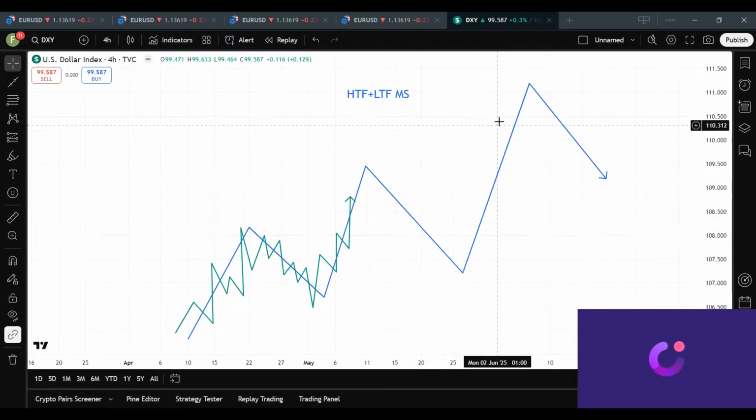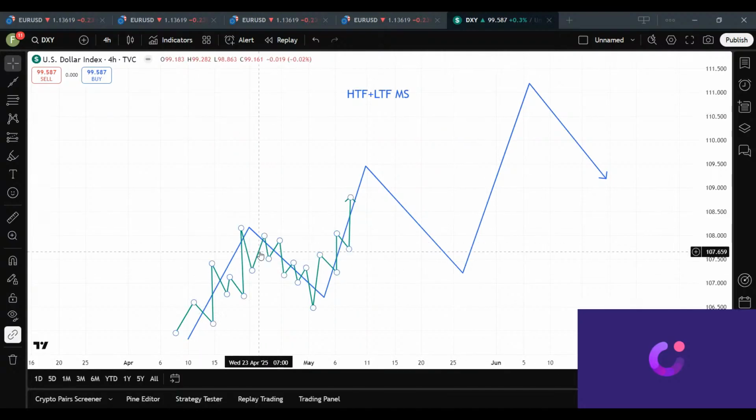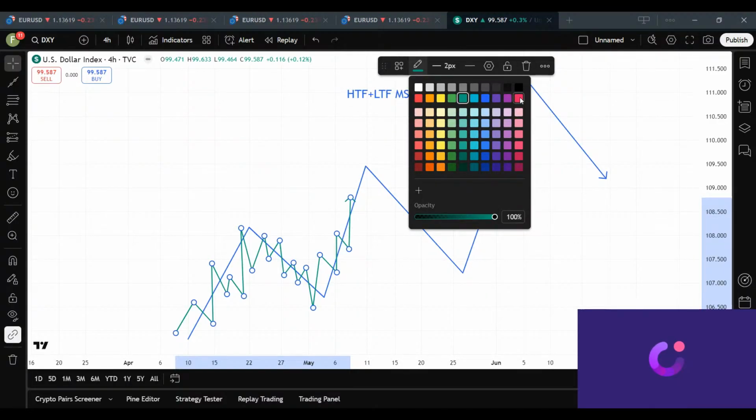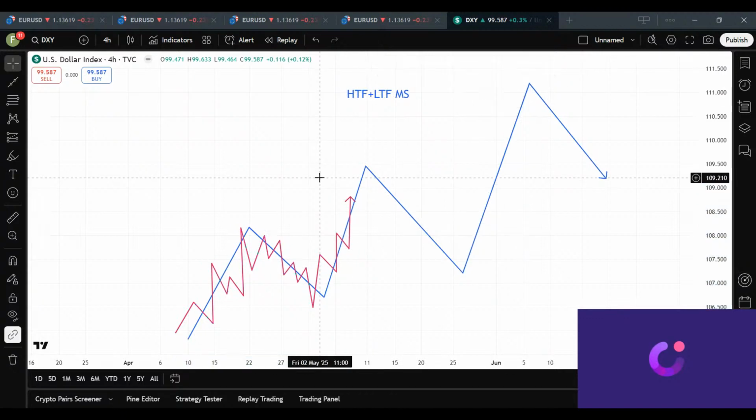Inenge ingori this simple. Yazopedza kufamba unotoona kuti mana market yanga ichifamba zvakachena. But this noise is what is killing us. All right, let me make it red. Lower time frame, I will make it red. Okay, is it visible now?